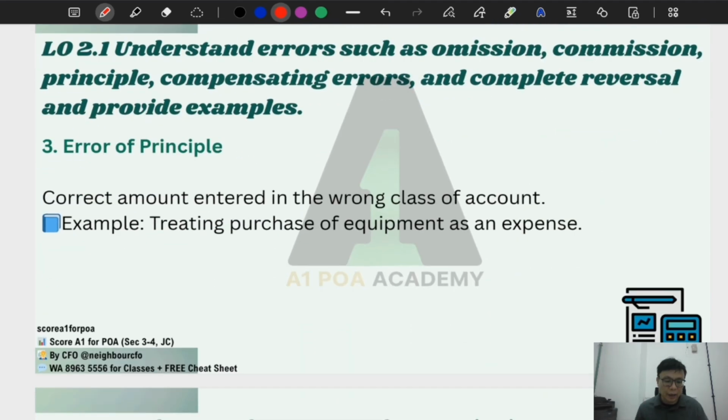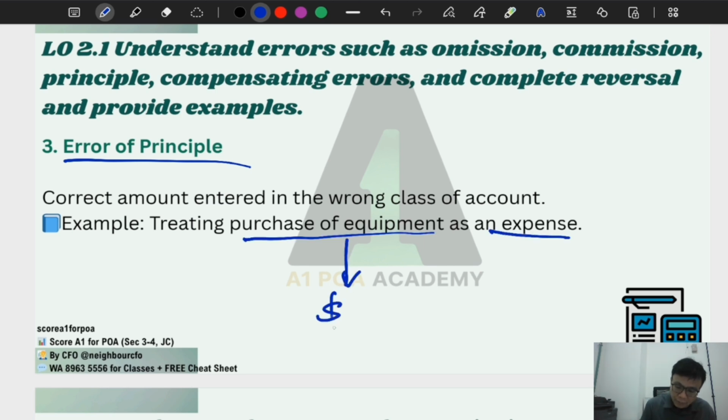Next, we have error of principle. So what exactly is this error all about? The correct amount is entered in the wrong class of account. In this instance, as I mentioned in the earlier slide, you purchase equipment, maybe 50K, but you record it as an expense.